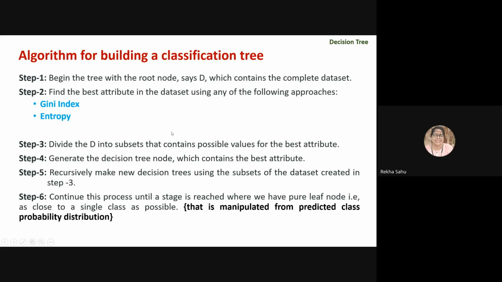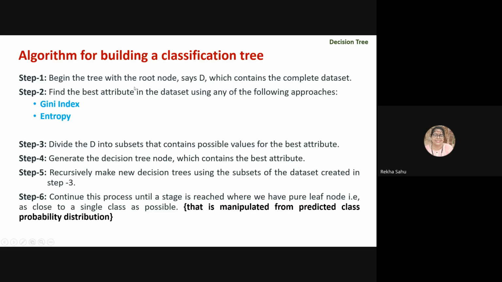Overall, the algorithm for the classification tree is that you begin with the whole data set, calculate for all attributes either the Gini index or the information gain through entropy, and choose the best attribute and split the tree.